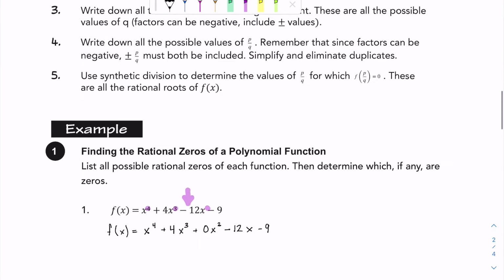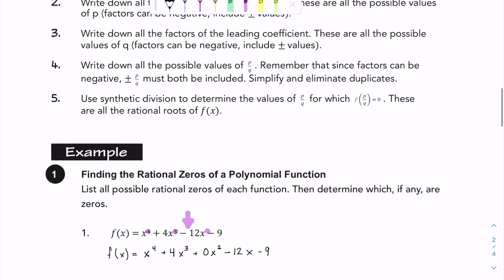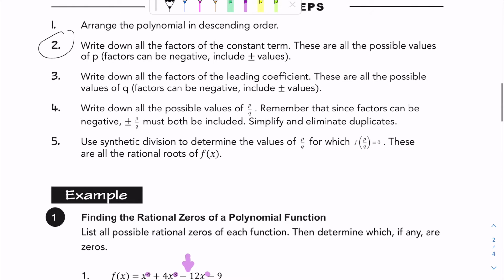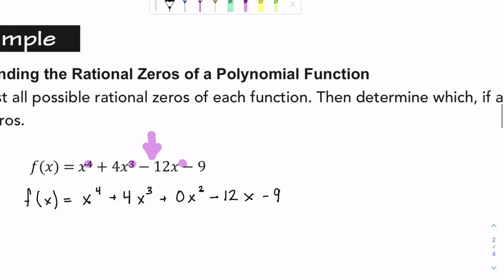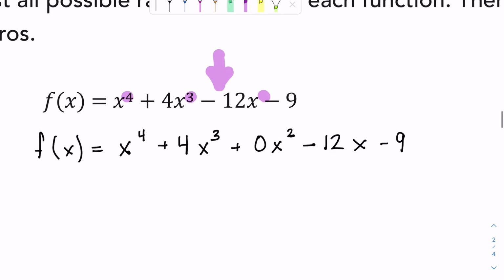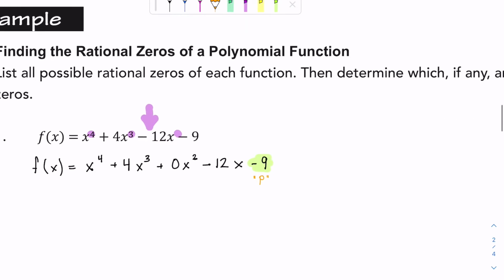All right, once I identify the polynomial in standard form, step 2 says to write down all of the factors of the constant term. These are the possible values of p. Factors can be both positive and negative. This number right here is considered our p-value. And we need to list all factors of negative 9.